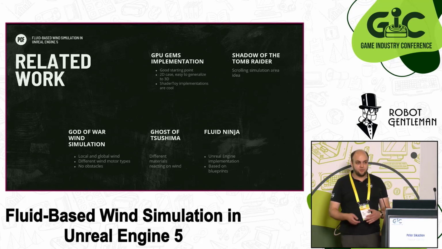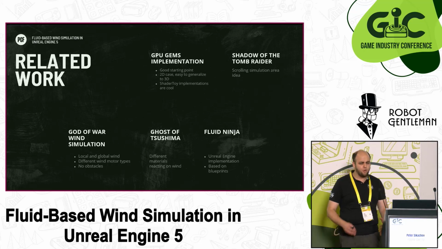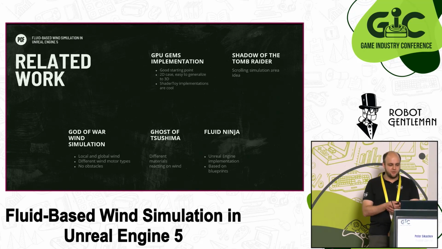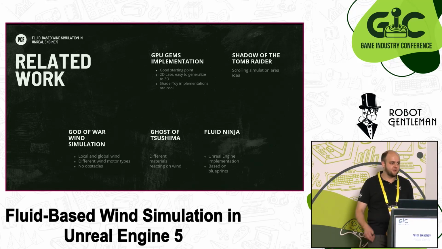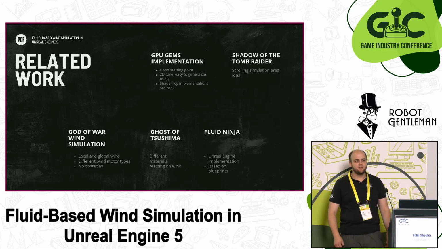So let's start with related work. Here I put some of the previous work on both fluid simulation and wind simulation. For the fluid simulation, the gold standard is the GPU Gems 1 and 3 implementation.